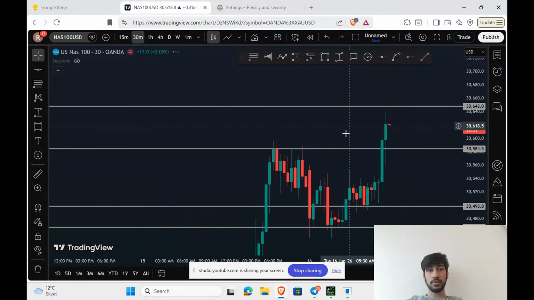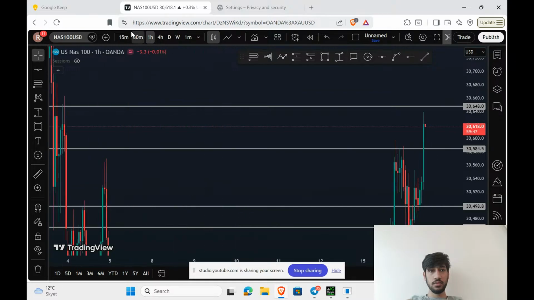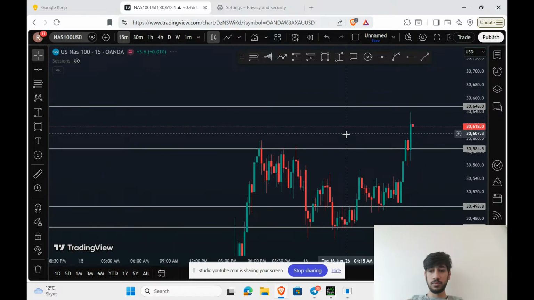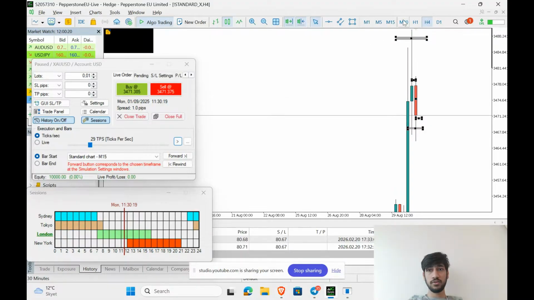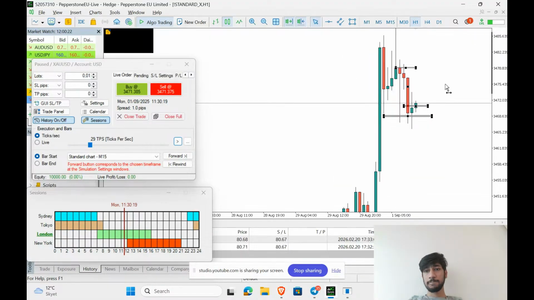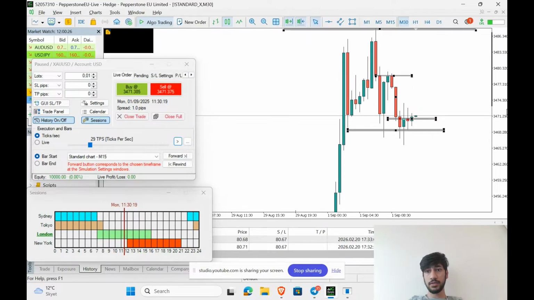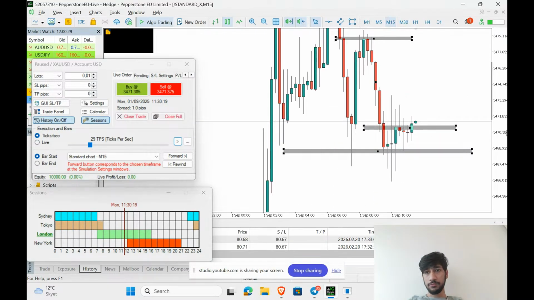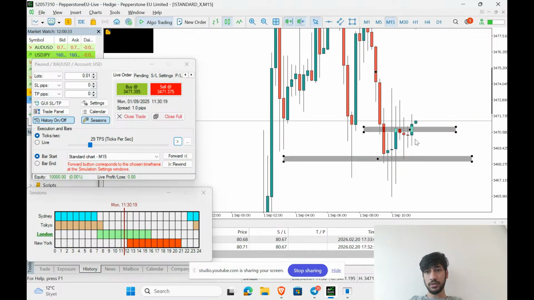H1 closed above like this. H1, we form some sort of support, right? M30, we form support. M15, it's kind of a low volume candle, but it has engulfed all of these three candles.